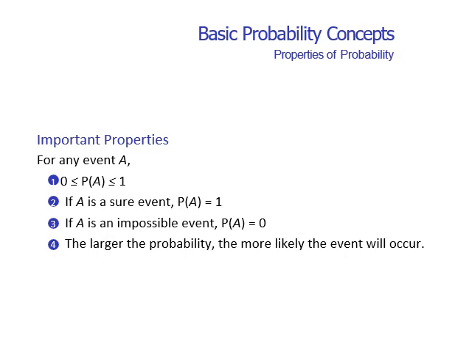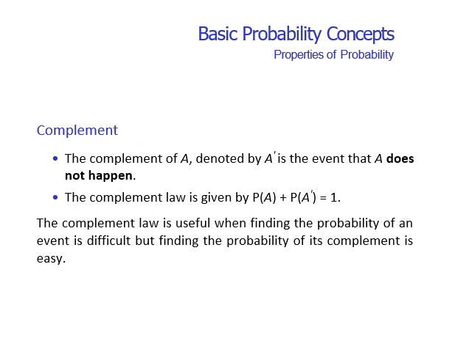The next concept that we have to discuss is known as complement. Let's say you have A. The complement of A is usually denoted as A prime. It basically means the event that A does not happen.